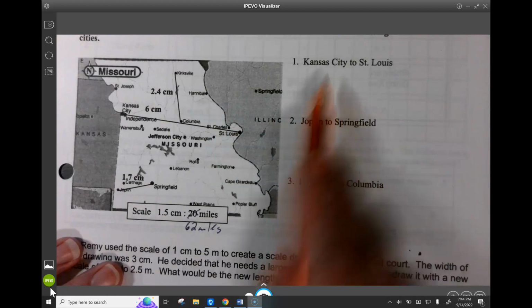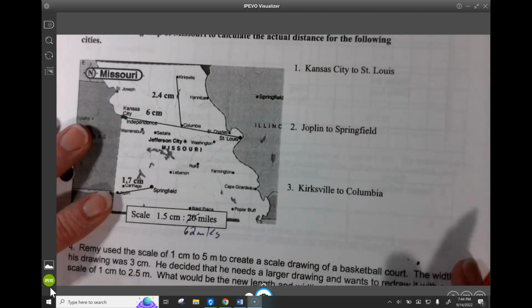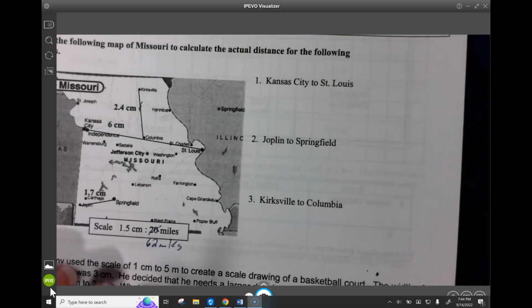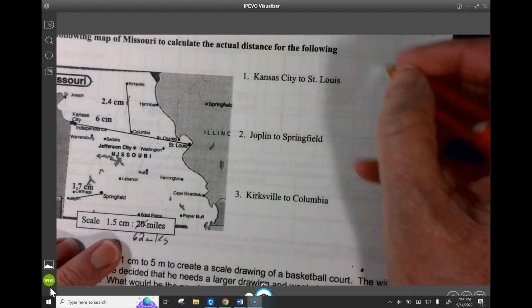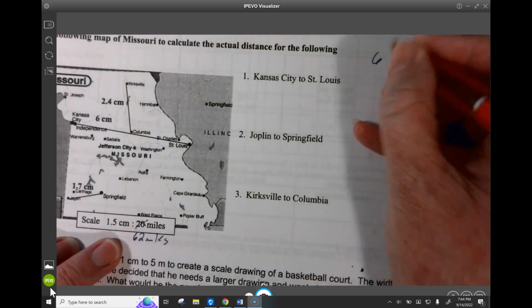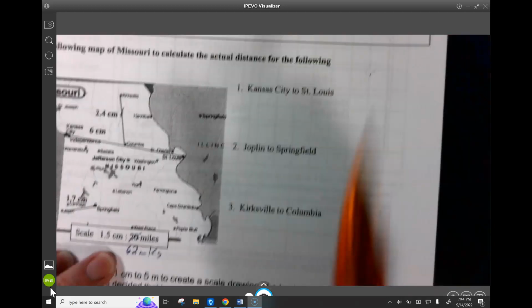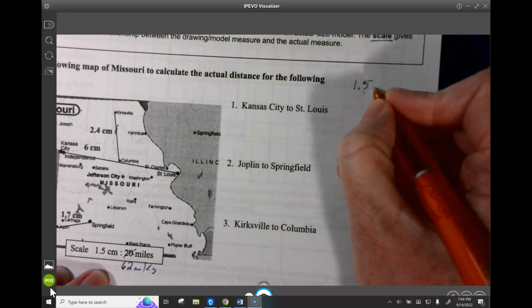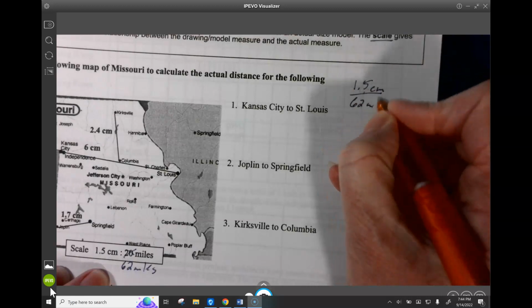So what I like to do first is look at the model. I'm going to show you two different ways to do it because I want you to see what works best for your mind. So the way that I was showing it yesterday in class, if you were in Phipps class, is that my scale, sorry, I keep forgetting to say scale, was 1.5 centimeters to 62 miles.